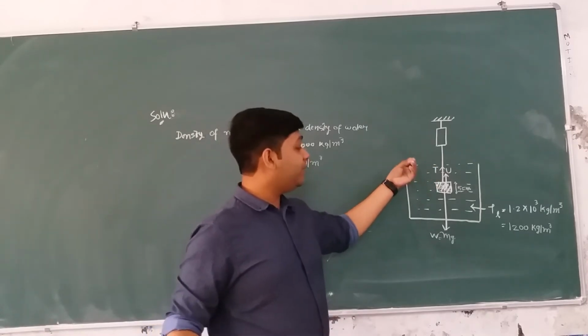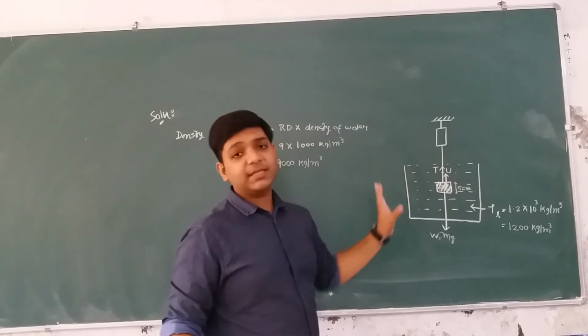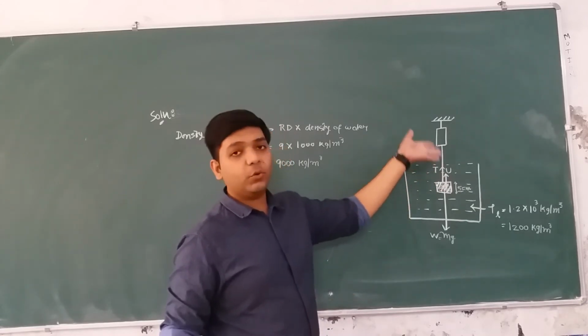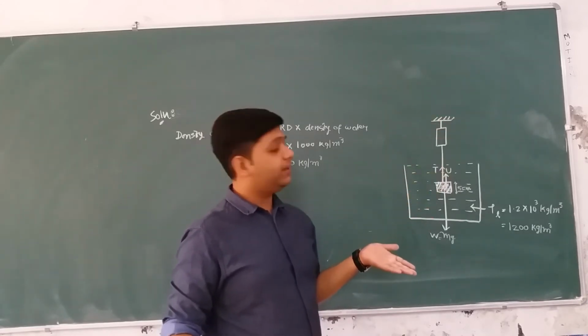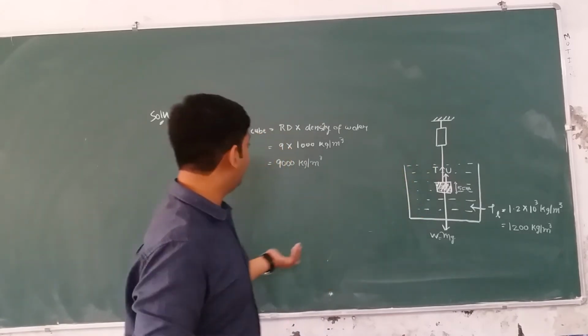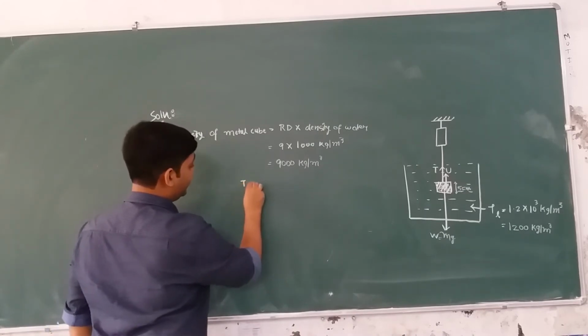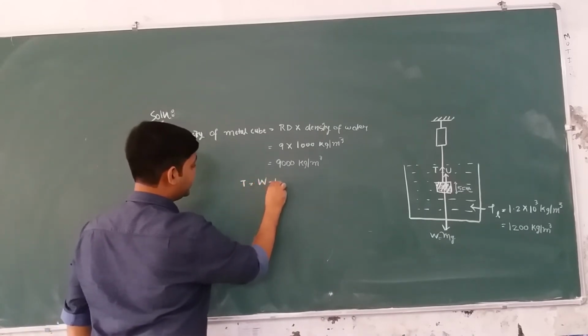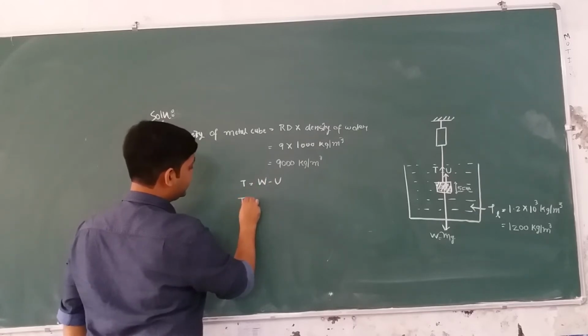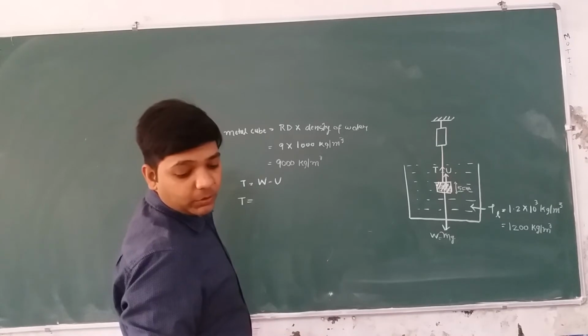So whether you are being asked the tension in the thread or the apparent weight, both mean the same thing, because tension is only used to calculate the apparent weight, right? So T will be equal to W minus U. We have been doing this for a long time. Okay? So T will be equal to W minus U. What is the value of W?